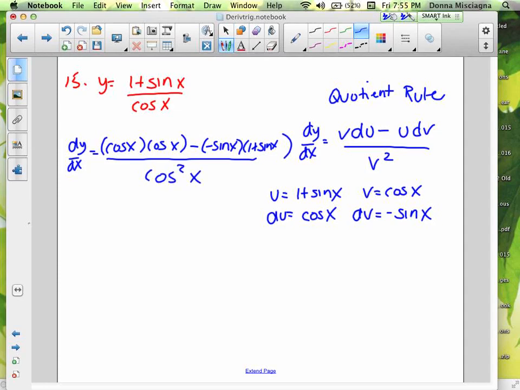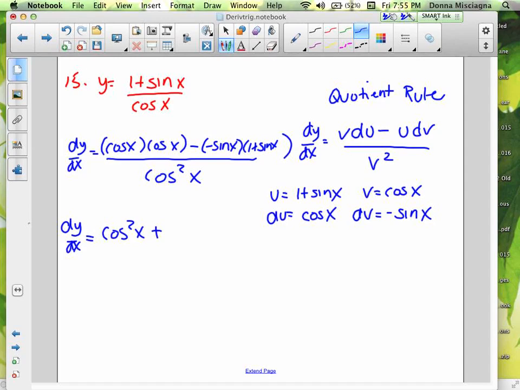And now let's simplify this. So dy dx is cosine x times cosine x is cosine squared x. And then the two negatives become a plus. Let's distribute that negative there. So I have a negative times a negative sine x times 1.